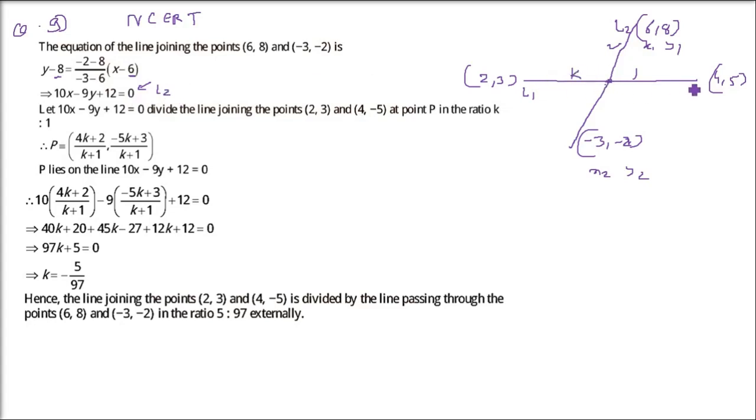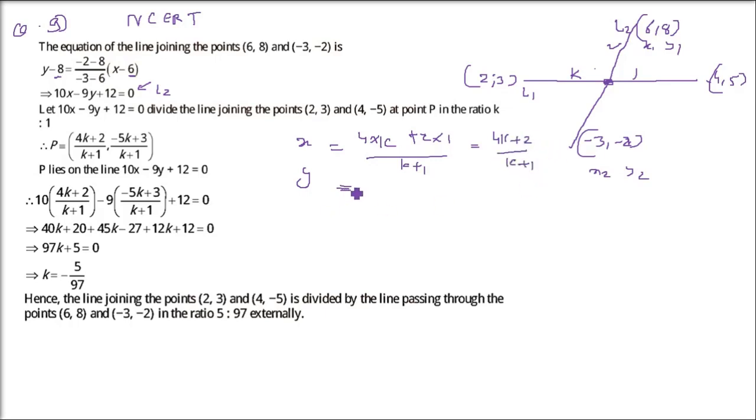Now for L1, we will find the point of intersection where it is cutting. As I told you, we already saw the section formula. Let me write the final location. The x coordinate will be (4k plus 2 into 1) divided by (k plus 1), that is (4k plus 2) by (k plus 1).